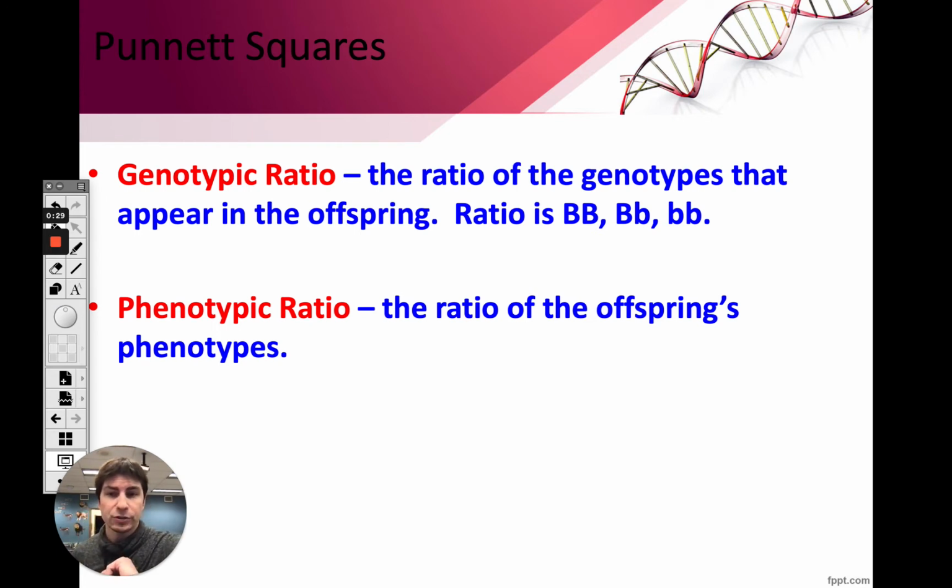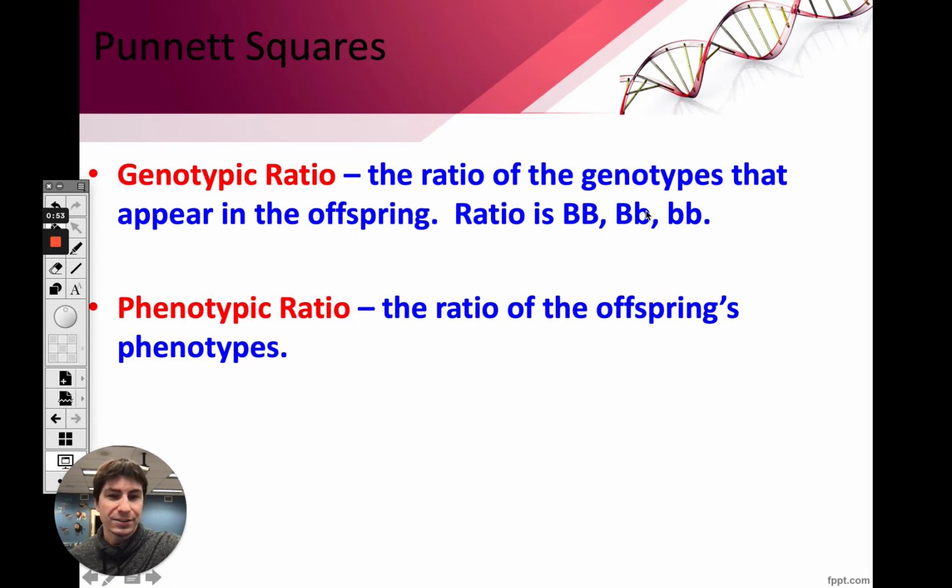Now, let's just review genotypes and phenotypes before we get into the ratios. The genotype is going to be our combination of alleles that you have in your chromosomes. So you get one allele from mom and you get one allele from dad. When those two alleles come together, they make up your genotype. So we had three different genotypes we went over.